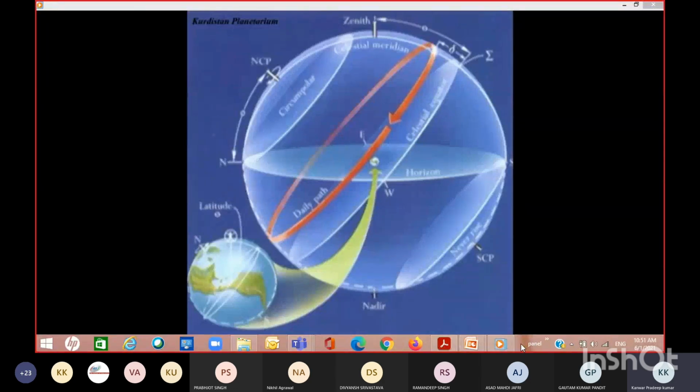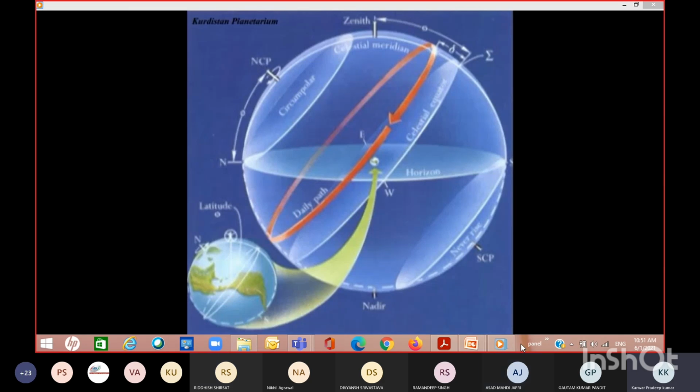Earth is tilted to the left. You can see the north and south pole of the Earth, and on the bigger sphere, you can see the north celestial pole and south celestial pole. You can see the equator and the equinoctial, the one in the center.